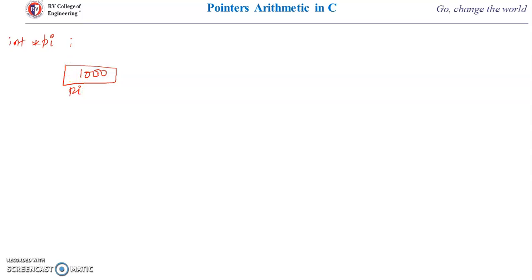That means it is pointing to memory address location 1000, and the address of pi is 5000. So in memory it will be something like this.